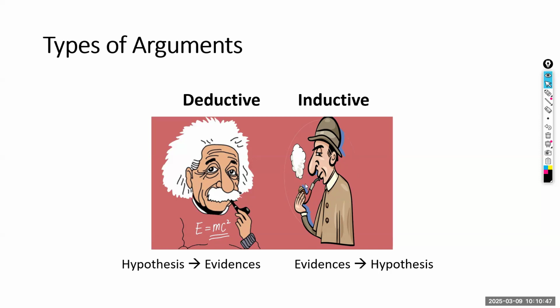Inductive arguments mean from evidence, you make a hypothesis. A hypothesis is something that you think, and then you see whether what you think is correct. But inductive means first you look at the evidence and then you try to build a hypothesis. Like detectives, they need to do this.